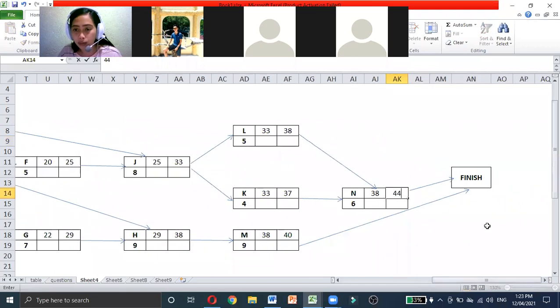Now let's do the backward pass. How about N? By the way, how much is the finish time or the completed duration? We have 44. Okay, here, 44, then here, 42. 38.